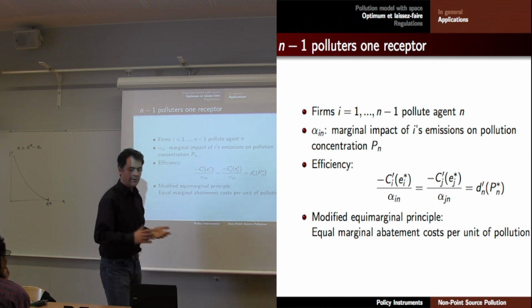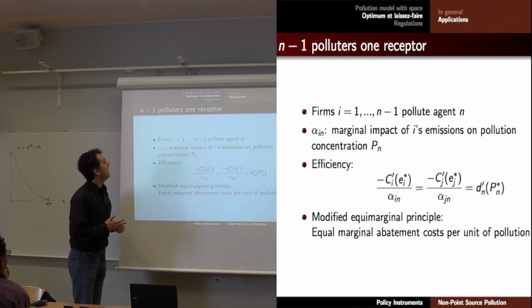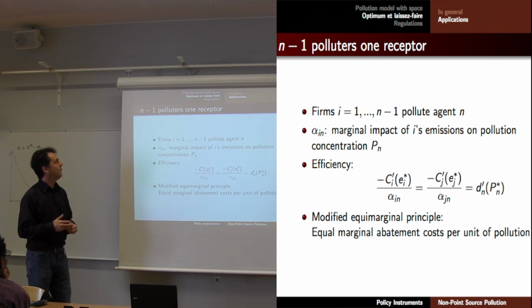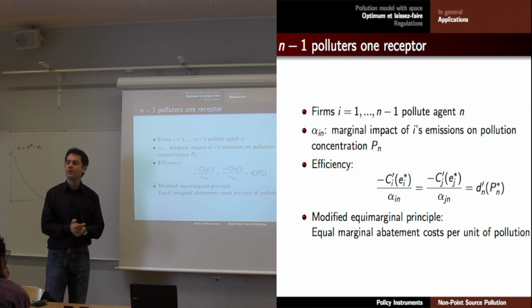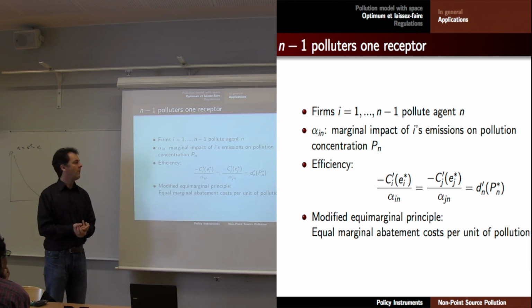You can have also a model with N-1 polluters and only one victim. So several firms that are impacting a population of citizens located around the firms, like a city.